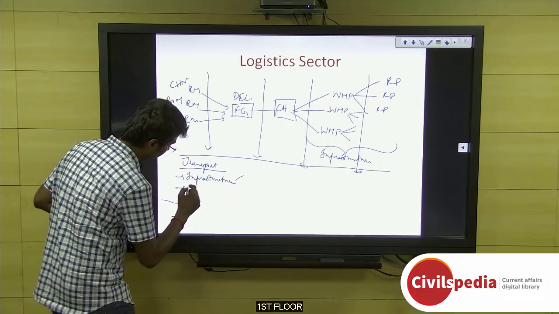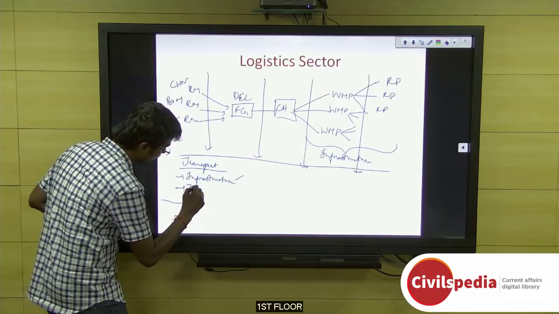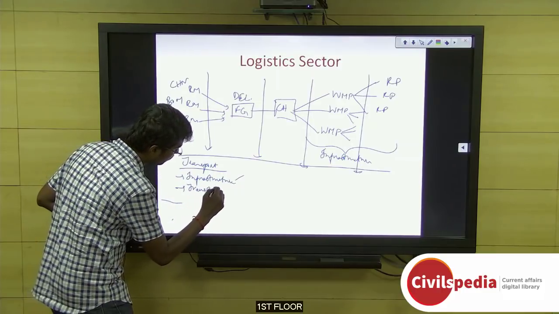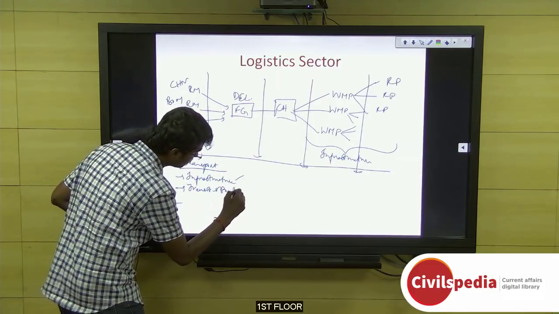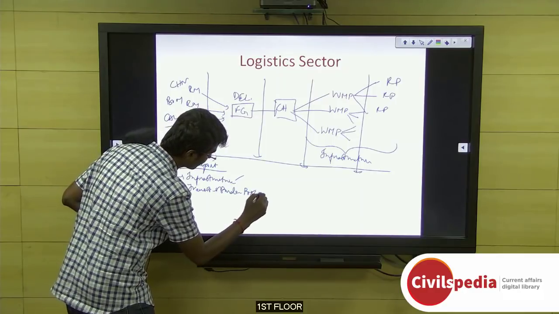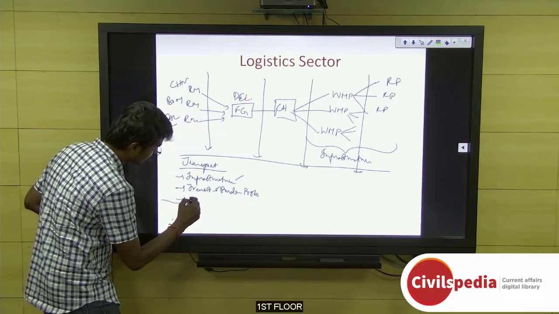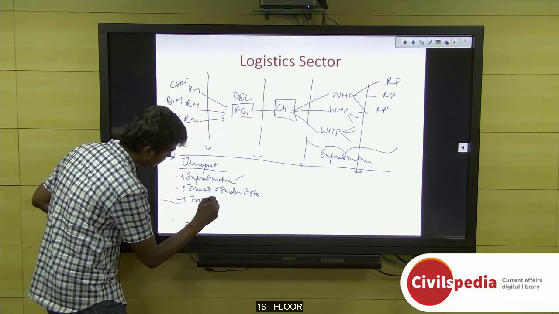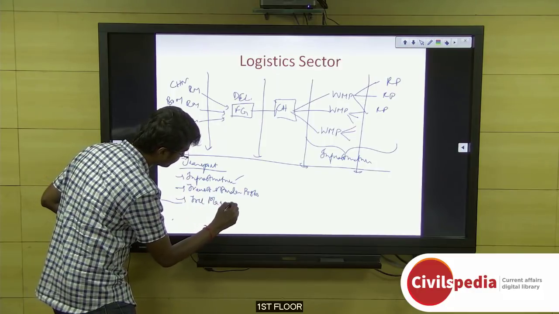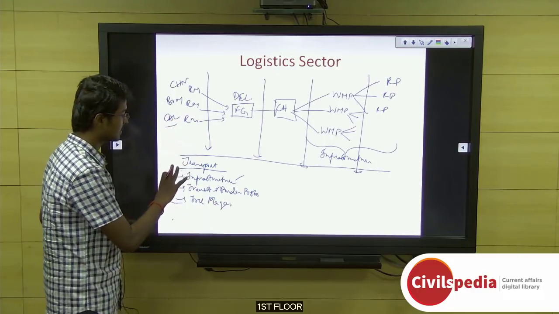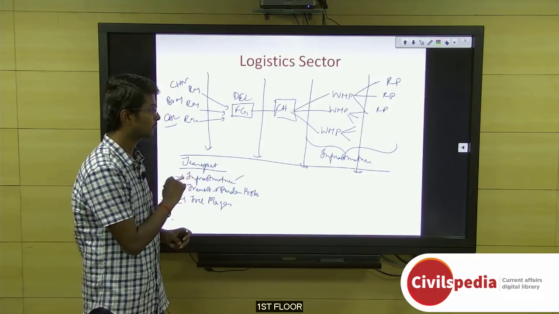So you have different transit points, or you can call them border posts. And say if you are going by highways, you have toll plazas where you need to pay the fees. So these are some examples of the transport infrastructure.